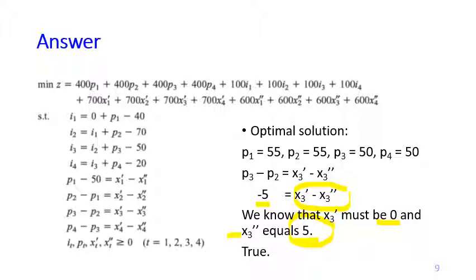The other way to see this is that x3 prime has a cost if it has a positive value, and x3 double prime also has a cost. So when you want to minimize the total cost, of course you will try to make both of them equal 0. But if you cannot do that, then you will try to make only one of them equal 0. So in this case, if you want to reach the number minus 5, the best thing is to set x3 double prime equal to 5 and set x3 prime equal to 0.